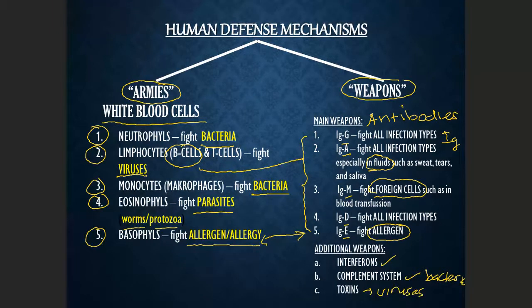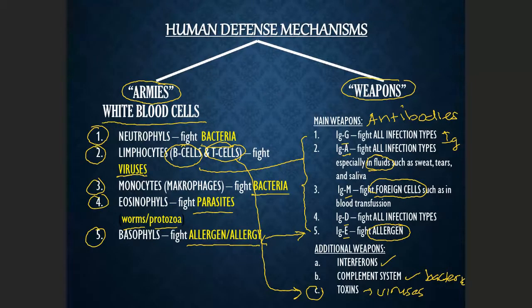Okay, so remember, the five types of antibodies are produced by the B cell. The toxin is mostly produced by the T cell. So this T cell produces the toxin that will destroy the viruses. The way they destroy the virus is actually by destroying the infected cell.